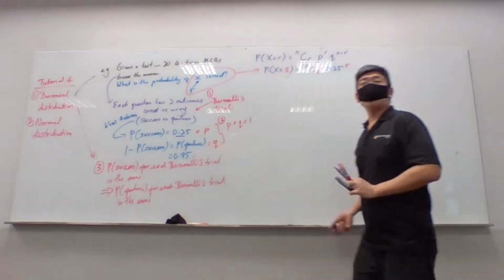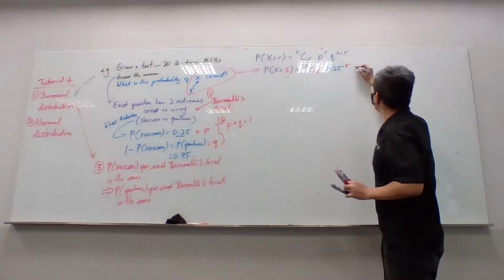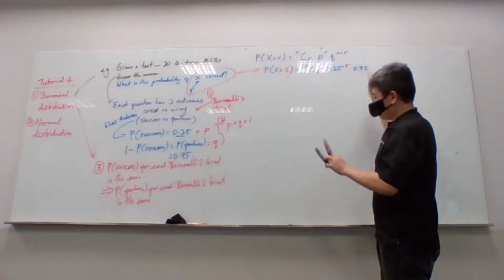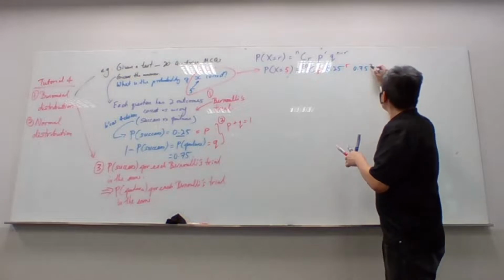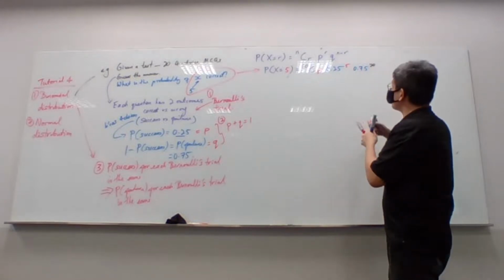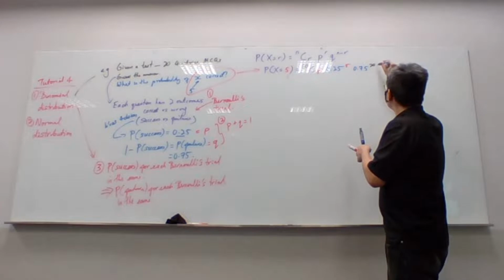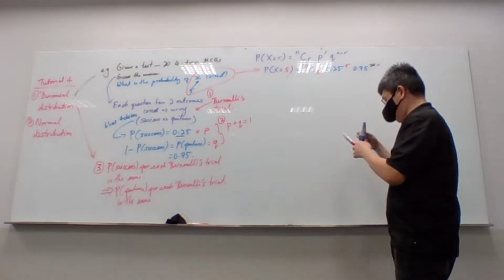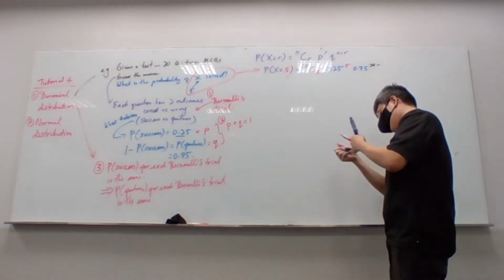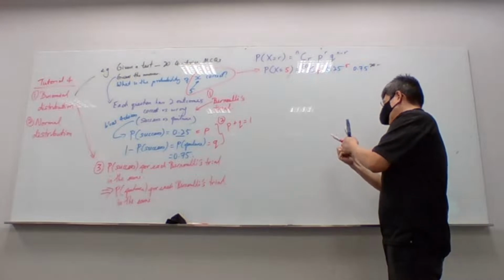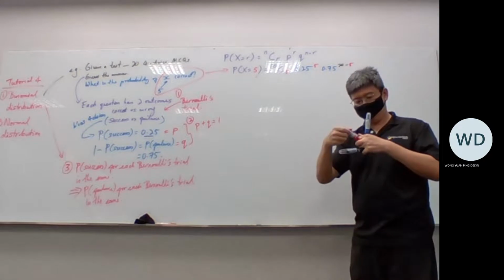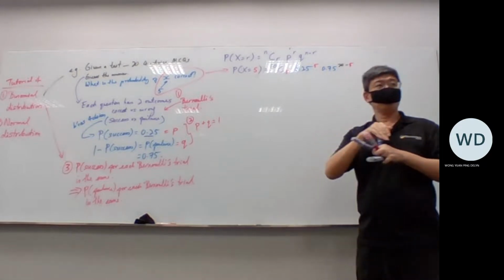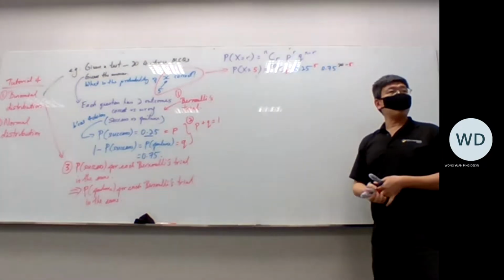Q is 0.75, or 1 minus P. So it's 0.75 to the power of 20 minus r, which is 5. Okay, that's how you calculate.